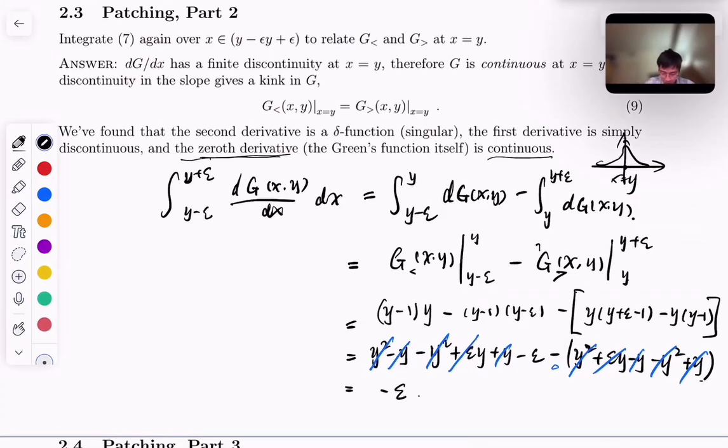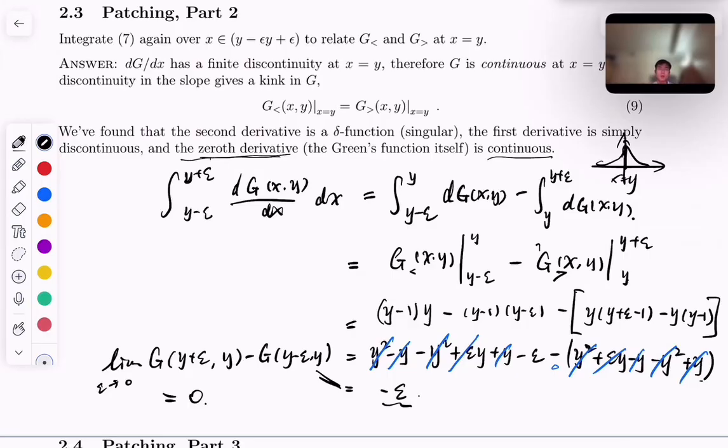That is the limit as epsilon goes to 0 of g(y plus epsilon, y) minus g(y minus epsilon, y), which is equal to 0. So we get that for the zeroth derivative, this is continuous.